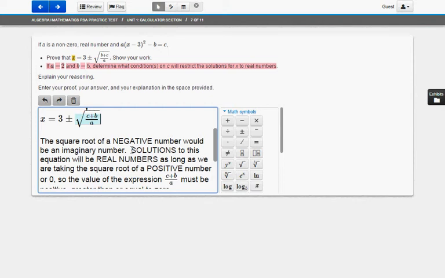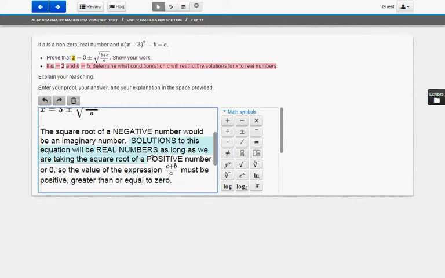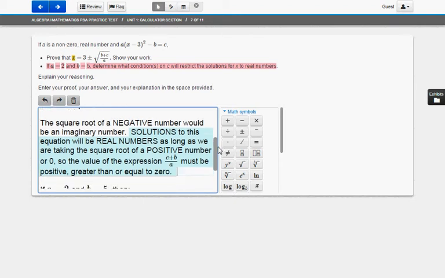So I said this: solutions to this equation will be real numbers as long as we are taking the square root of a positive number or 0. Therefore, the value of the expression C plus B over A must be greater than or equal to 0. So that's what I based this on.